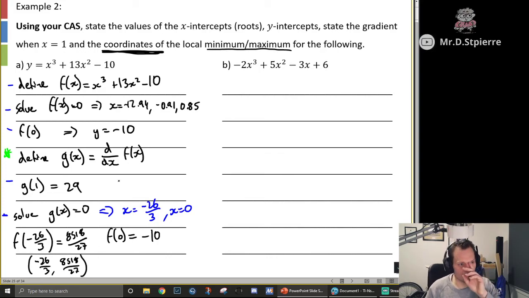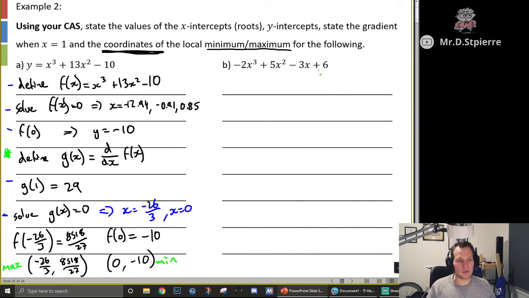And being a calculator question, it's not asking for exact values, it just says state the values, so you could do these as decimal estimates for that first turning point. The other one is at 0, negative 10. It's a positive cubic, so the one to the left will be the local max. So this one is the max, and this one is the local min.